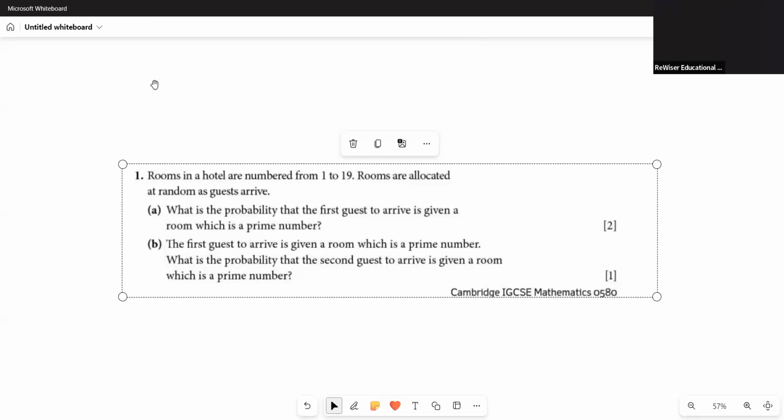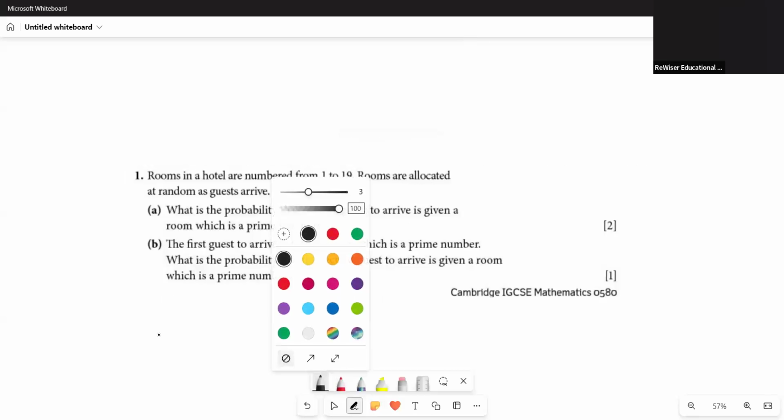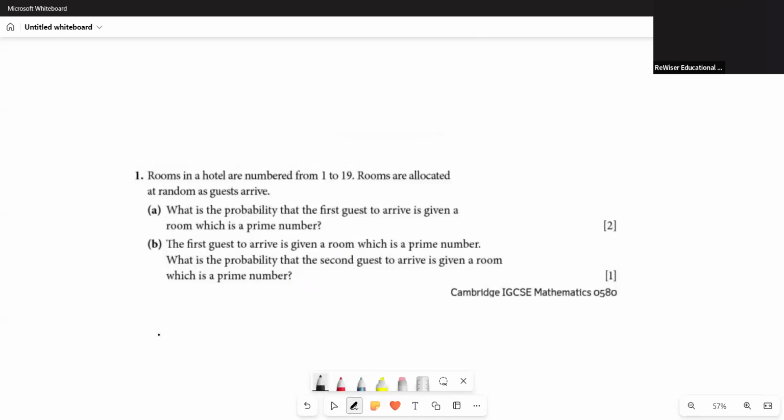Now we're discussing a few types of problems that have been asked in board examinations so far. This is one of the examples. It says that rooms in a hotel are numbered from 1 to 19 and rooms are allocated at random as guests arrive. Part A says, what is the probability that the first guest to arrive is given a room which is a prime number?